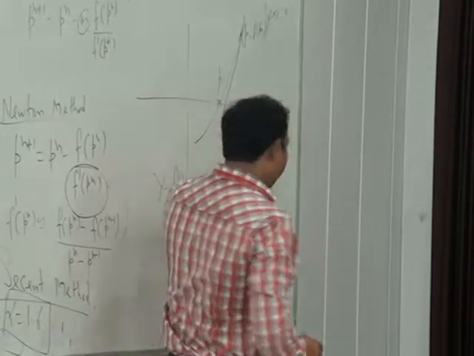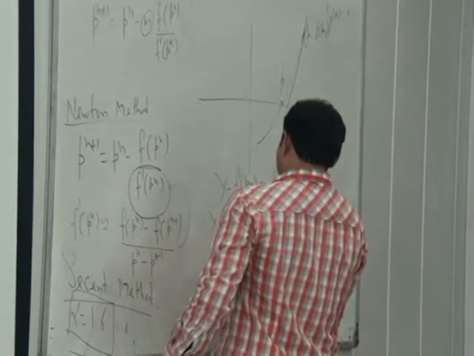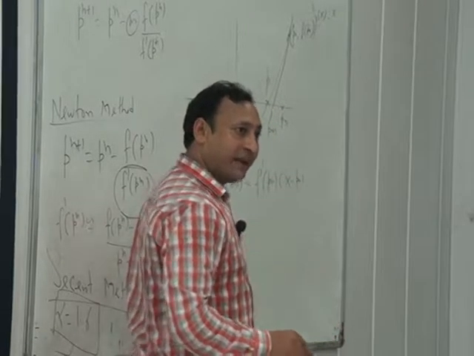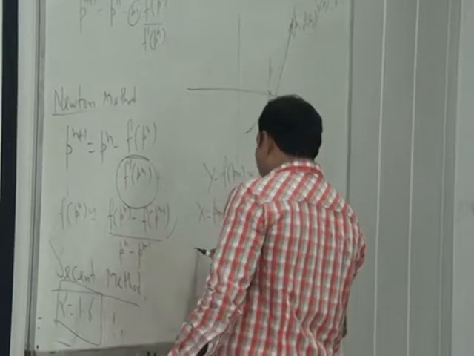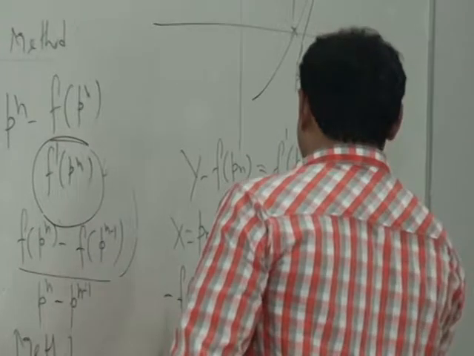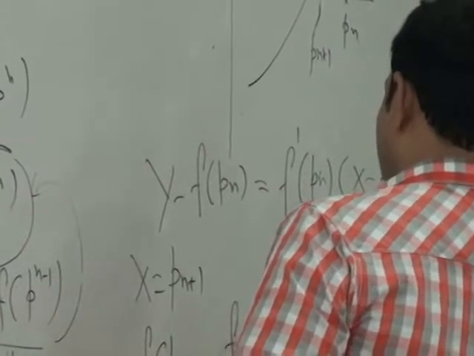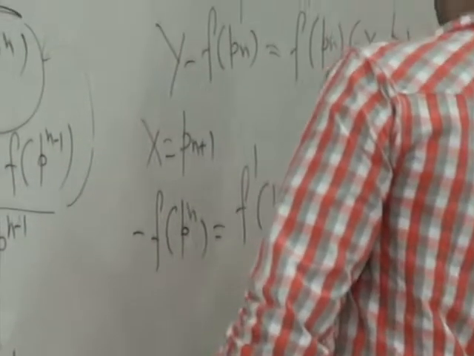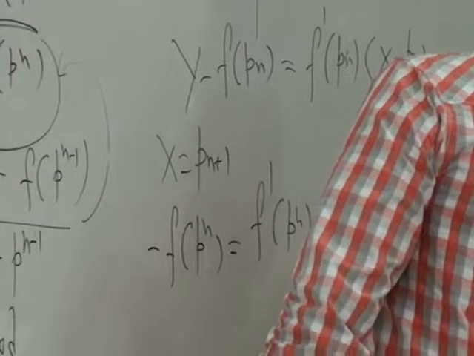Now what happens at the point x equal to Pn plus 1? This would be 0. So what is left is minus f of Pn is equal to f dash Pn into Pn plus 1 minus Pn.